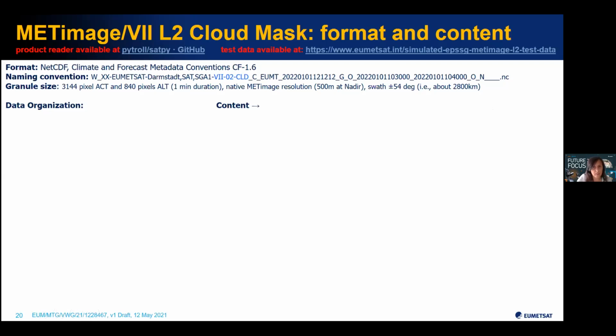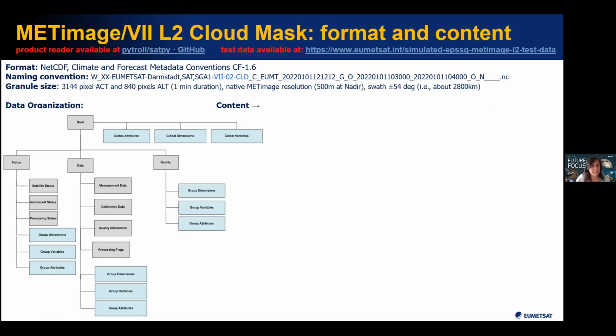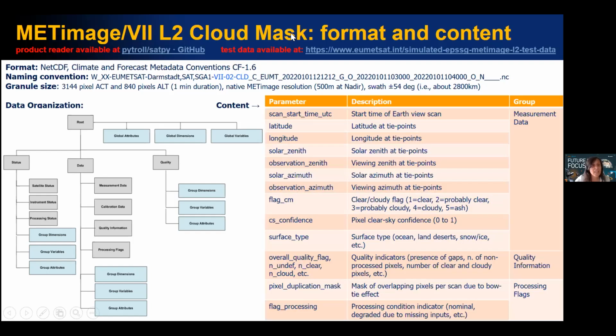The structure of the NetCDF, again, is the same as any other EPS-SG product. We have 3 main groups: status, data, and quality. The status group basically contains general information about the satellite and the instrument at the time of the observation, while the data and quality groups contain the variables specific for this kind of product. So in the case of the cloud mask, in these 2 groups, you find information on time of the observation, geolocation, geometry given at tie points.